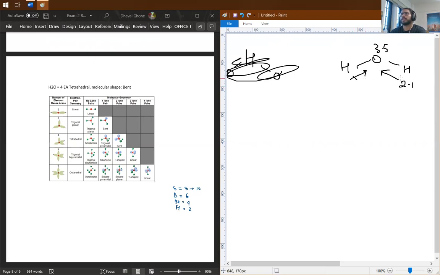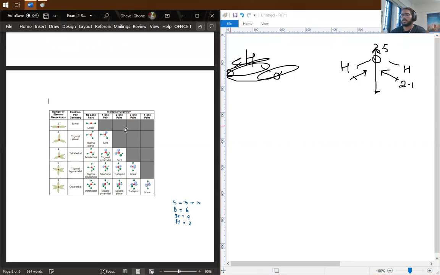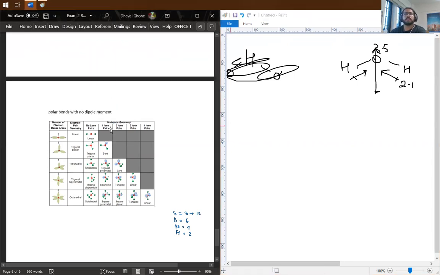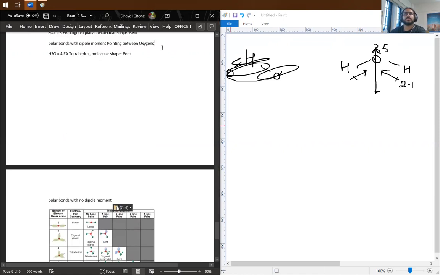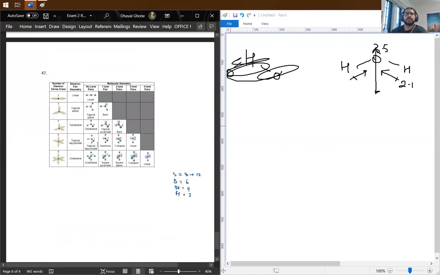And so the net dipole would add up and look like this towards the oxygen. And so H2O has polar bonds with dipole moment towards oxygen. Okay, and that's the end of the review.